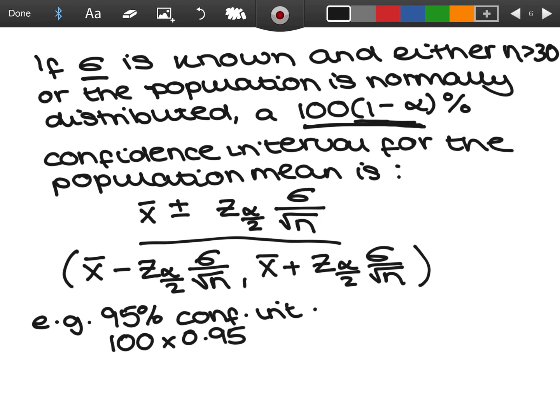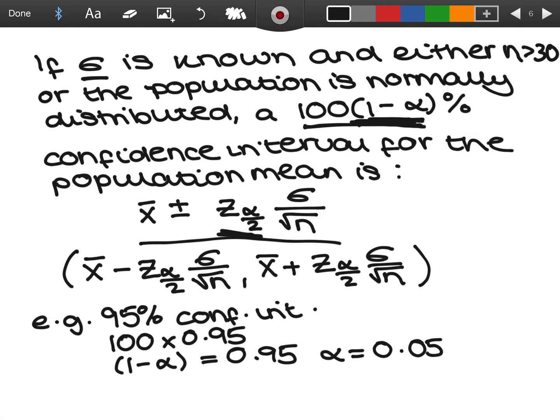There is an easier way to do this, so bear with me, but I'll show you what it's actually trying to tell you. This thing here would be 0.95. So 1 minus alpha would be 0.95. That must mean that alpha is 0.05.